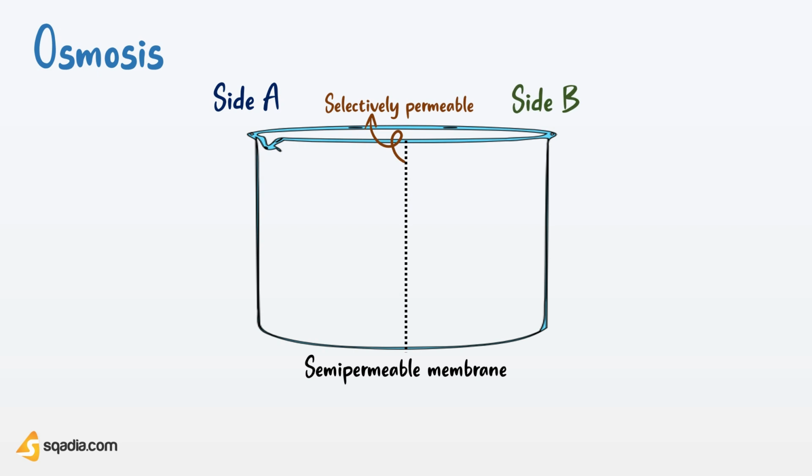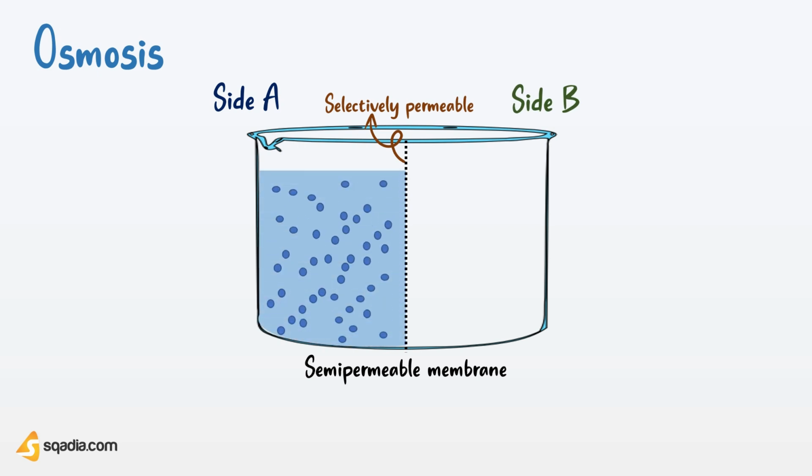Let's name the left side of the container as side A and the right side of the container as side B. And suppose we have a hypertonic solution, which is a solution with high solute contents, but less water content in side A of the container. And a hypotonic solution, that is a solution with less solute content, but more water content in side B of the container. Now what will happen?